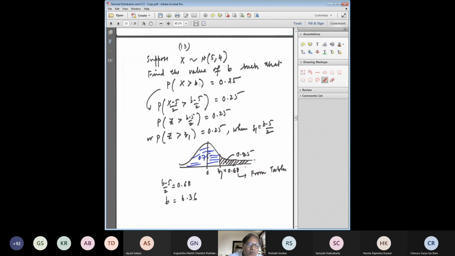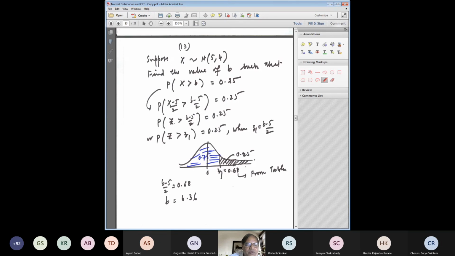Means you are looking for a point b beyond which area is 0.25. So how do we represent this in graphical form? This is the normal distribution. You are looking for a point b beyond which area is 0.25.